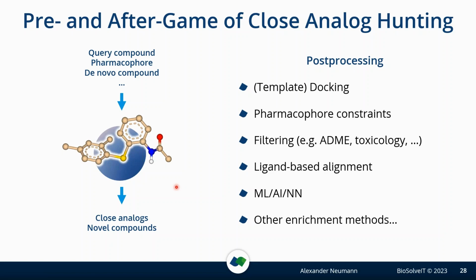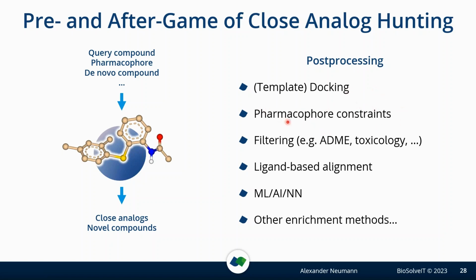Since you screen vast chemical spaces, it can happen that you will actually get more than a few million close analogs to your query compound. And to just speed up your post-processing, you can use the template docking and then dock everything on your query compound to help the algorithm with the initial placement of the fragment and make it faster.